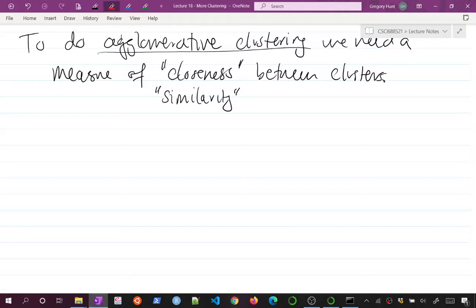And there are a couple of ways of doing this. The three most popular measures of closeness are, say, single linkage.